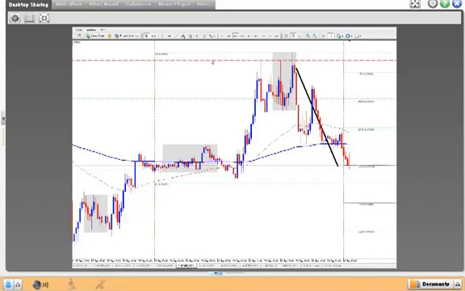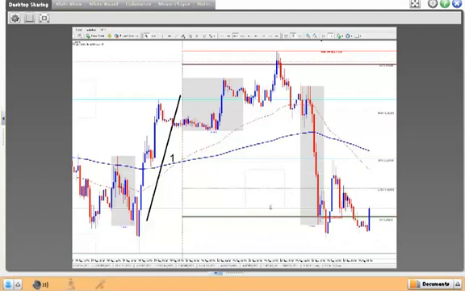Whenever you see the price start from a stop run, that's a very clear indication that smart money is driving that price. So more than likely, we should expect the second push to the downside. Eventually next week, the market might open, might retrace back up a bit, but ultimately, I would like to see the second push down.